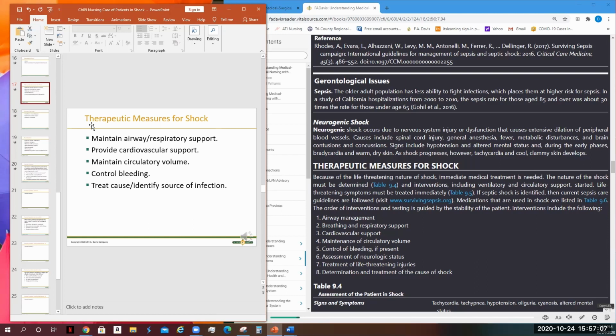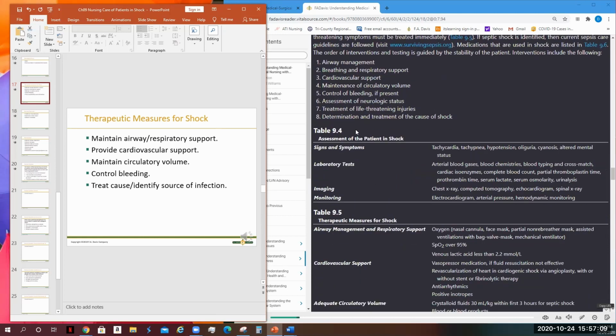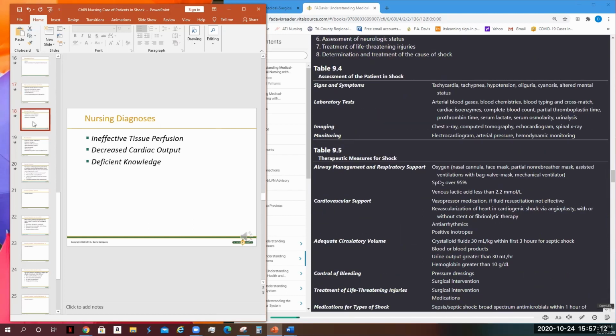Table 9.4. Assessment of the patient in shock. Signs and symptoms: tachycardia, tachypnea, hypotension, oliguria, cyanosis, and altered mental status.